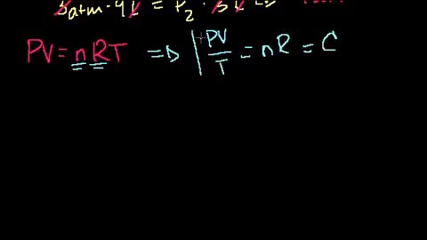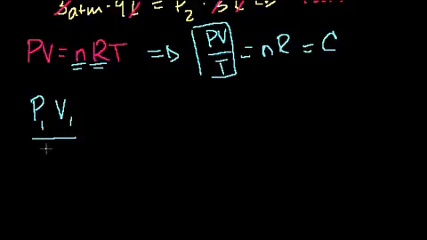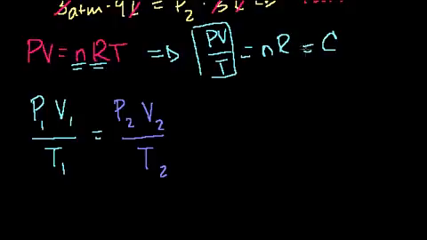This is going to be a constant number for any system where we're not changing the number of molecules in the container. So if initially we start with pressure 1, volume 1, and temperature 1, that's equal to this constant. And if we change any of them, to pressure 2, volume 2, and temperature 2, they should still be equal to this constant. So they equal each other.